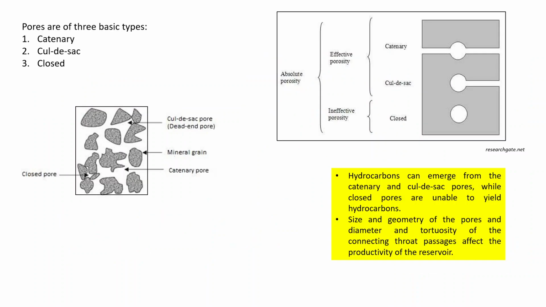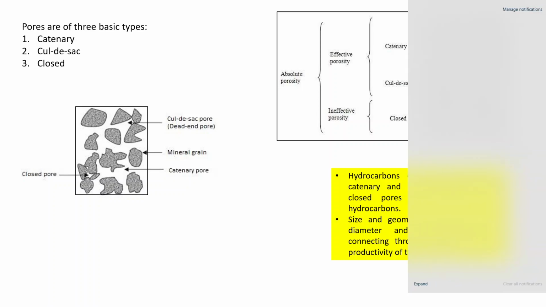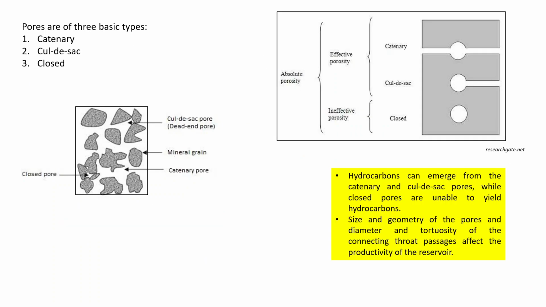Pores are generally of three basic types: the catenary pore, cul-de-sac pore, and closed pore. When we say catenary pore, it is this. This is the pore, and it has a throat. This portion, this and this, are called the throat of the pore.